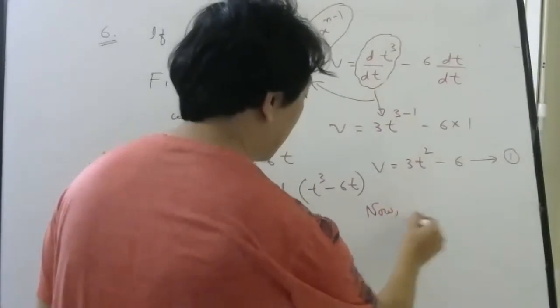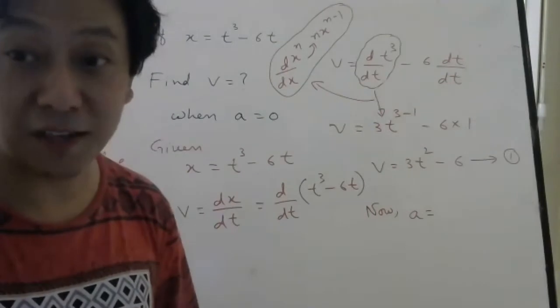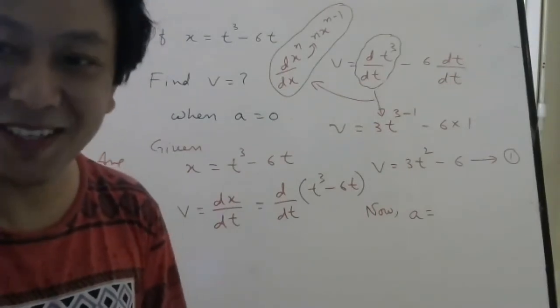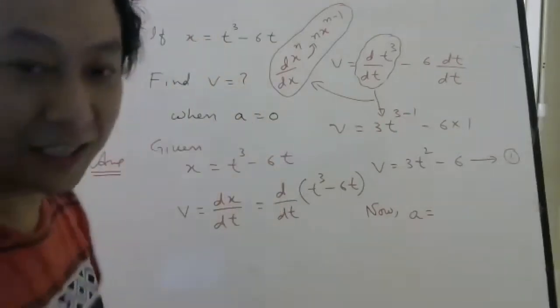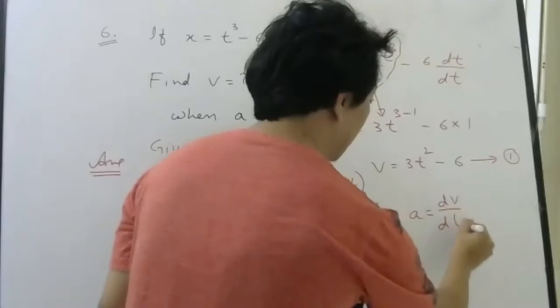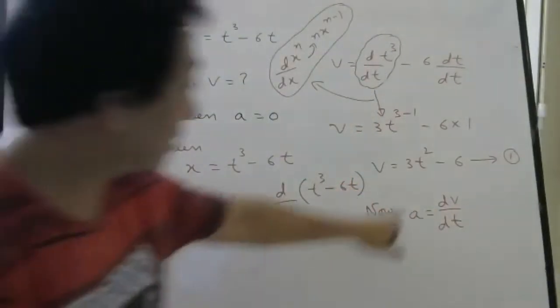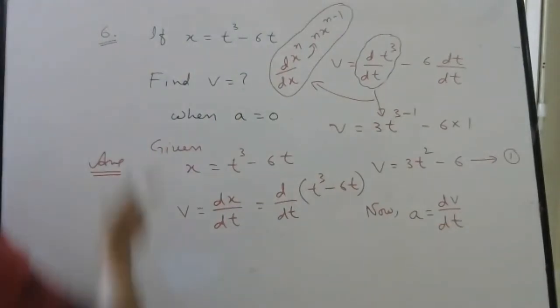Now, what is the formula for instantaneous acceleration? Instantaneous, remember. When they don't mention anything, they are asking instantaneous. dv by dt. Right? So we have just found v, substitute here, and do one more differentiation.